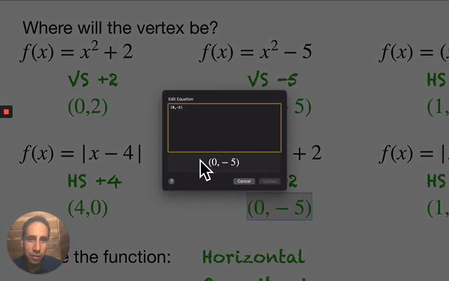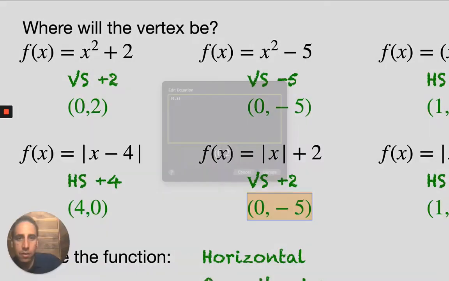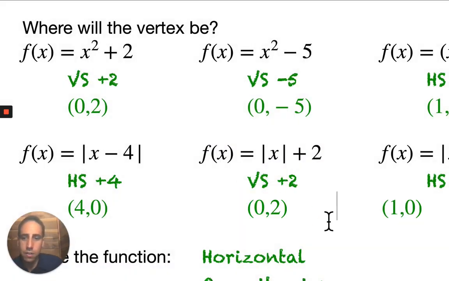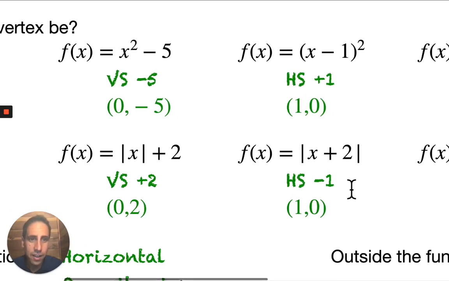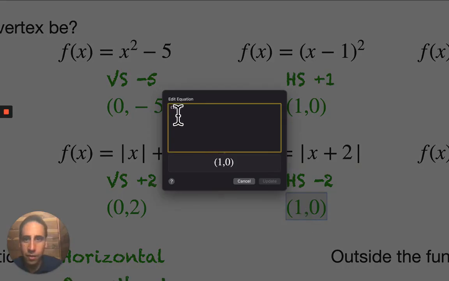This should be a vertical shift of +2, because it's outside. This one is inside. Oh man, did I not edit this? Terrible. Horizontal shift of -2. So therefore, we're going to have a vertex at -2.